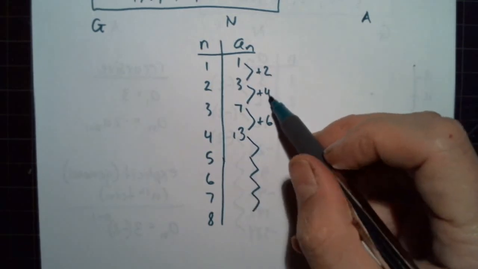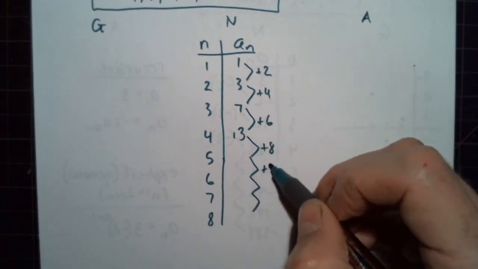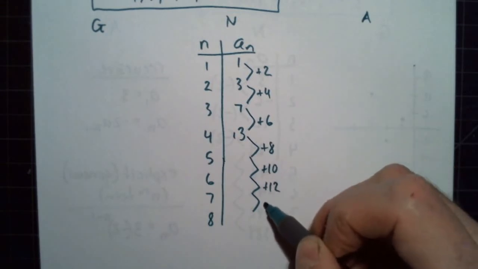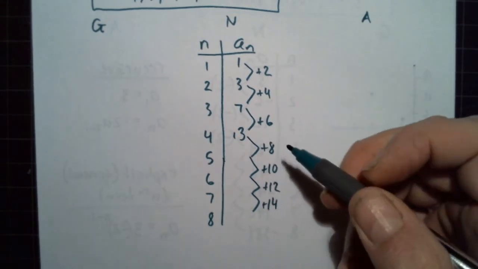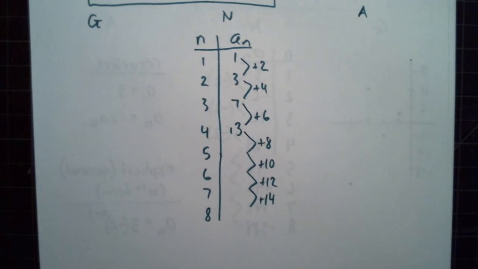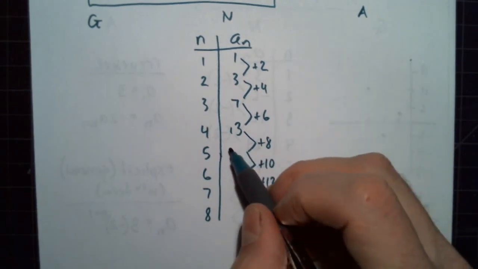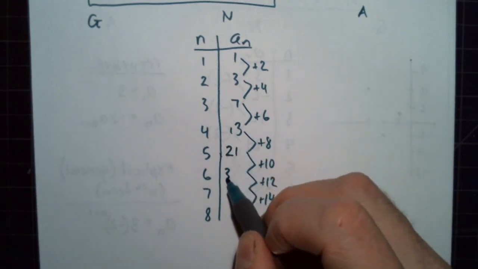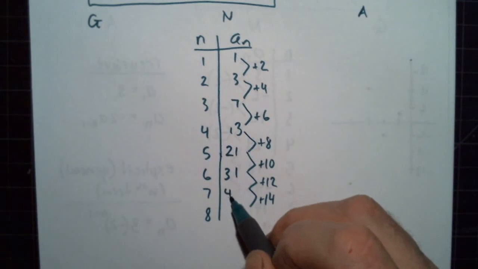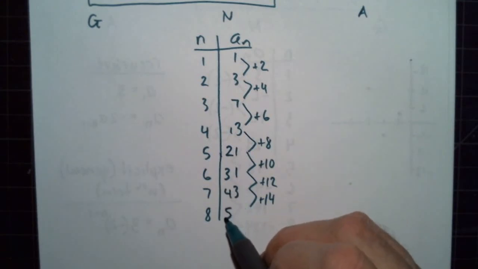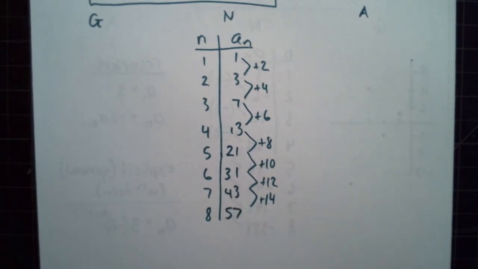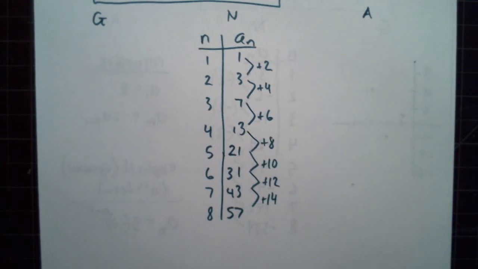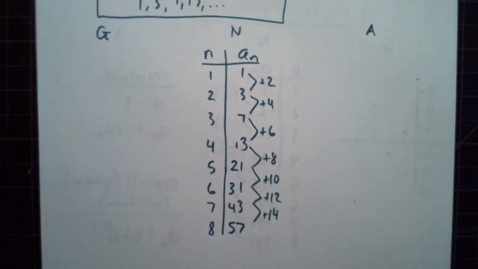Plus 6. So there's 2, 4, 6, 8, 10, 12, 14. And that will give us 21, 31, 43, and 57. So again, we were able to answer the question just with a table.